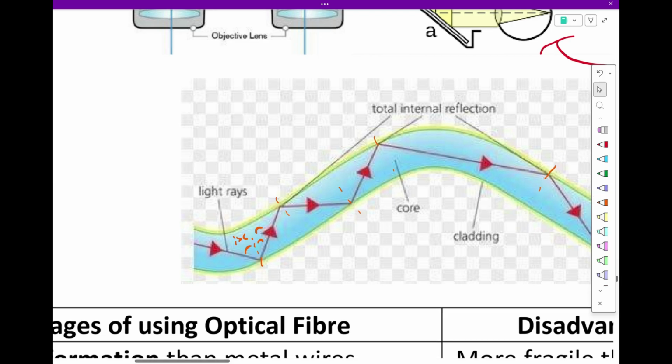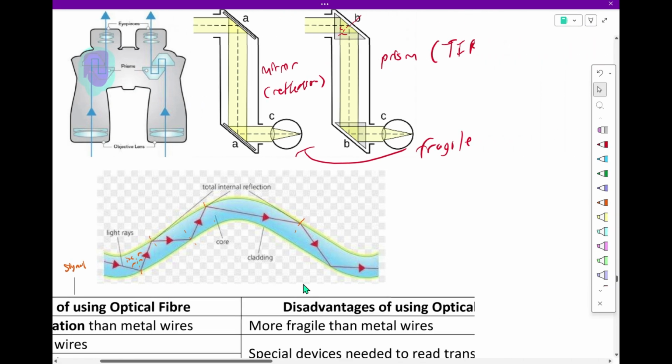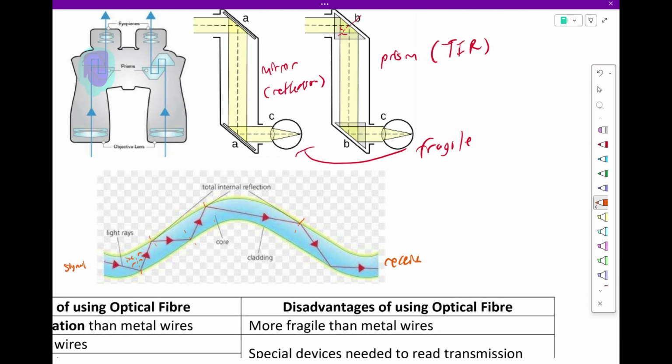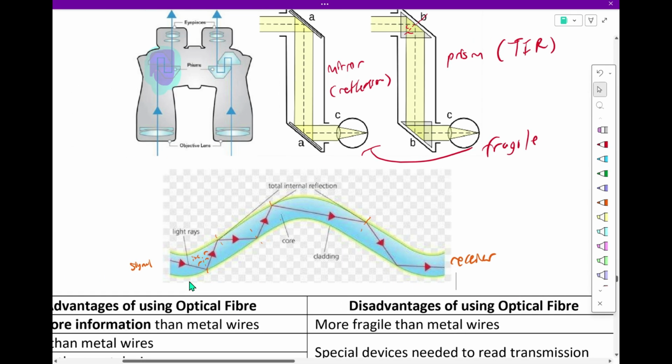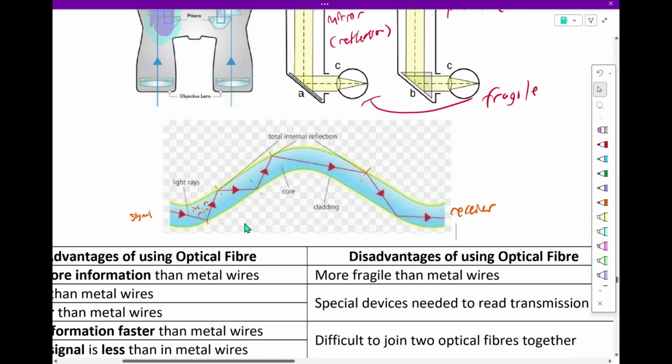So this is like the signal. Okay, you send a signal there, and then this is the receiver. So basically, this is how we get our 5G or 6G data very, very fast, because instead of using electric wires that travel slower, we actually use light rays that move so fast. It's like in air, it is 3.0 times 10^8 meters per second, right?